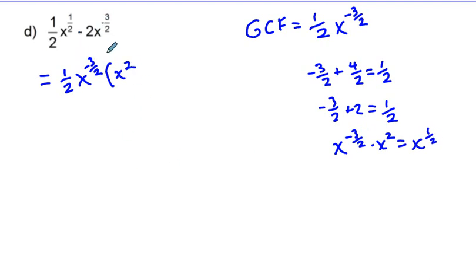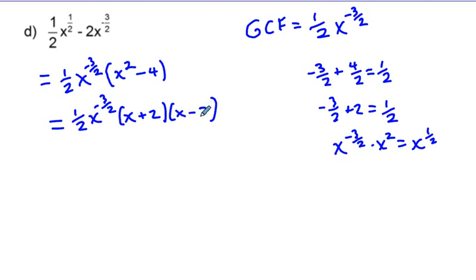And then what do we have here? Well, what times 1/2 equals 2? Well, that's going to be 4. And then what times x to the negative 3/2 power equals x to the negative 3/2 power? Nothing. So we have here 1/2 x to the negative 3/2 power, and using a difference of squares, we're going to have x plus 2 times x minus 2.